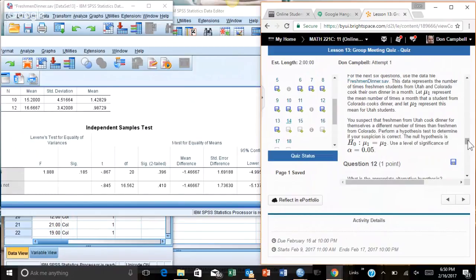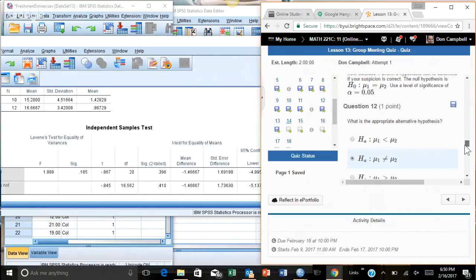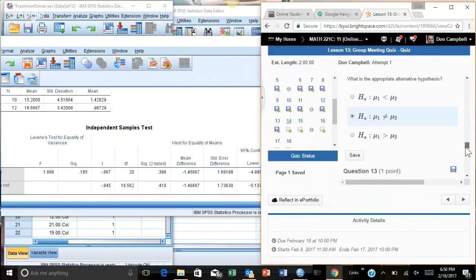Right? Because this is always the same thing. The null hypothesis is always this equals that, until you can prove otherwise. So the alternative is not equal to, could be greater or less than. So I think you half this number. Okay.